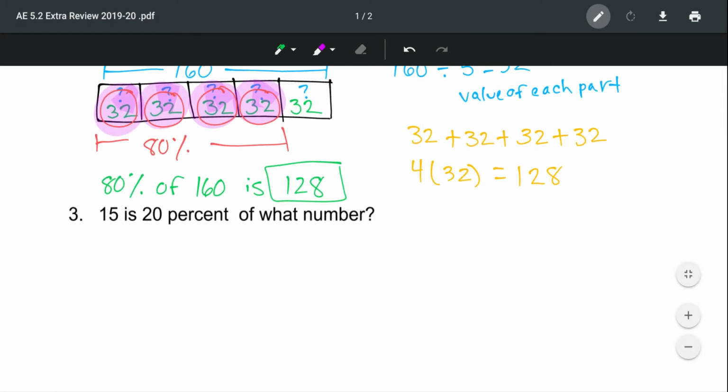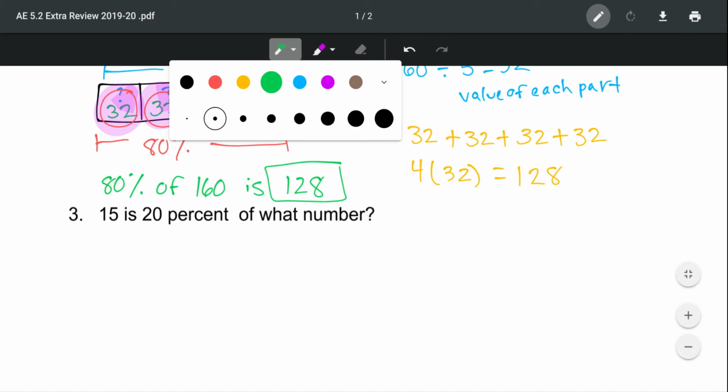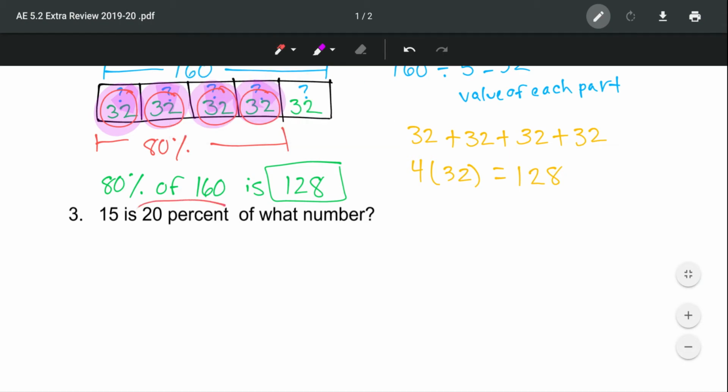Number 3. 15 is 20% of what number? Again, 20% means you write it out of 100. That would be 20 out of 100, which, if you divide the numerator and denominator by 20, equals 1/5. So you want to take your bar model and break it into 5 parts.